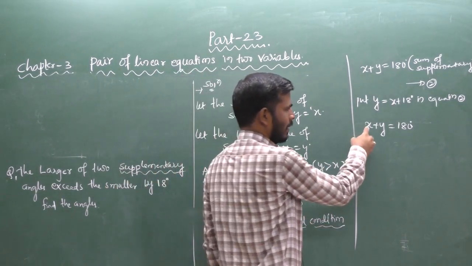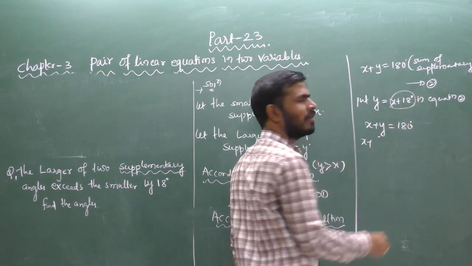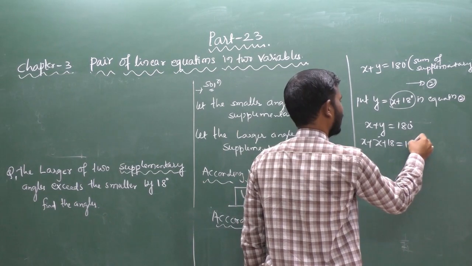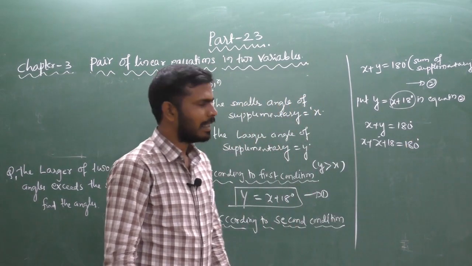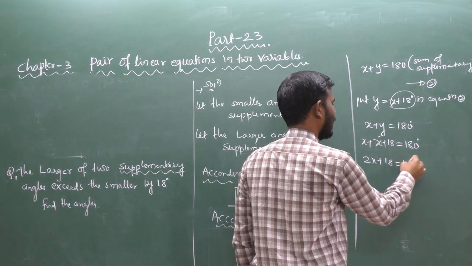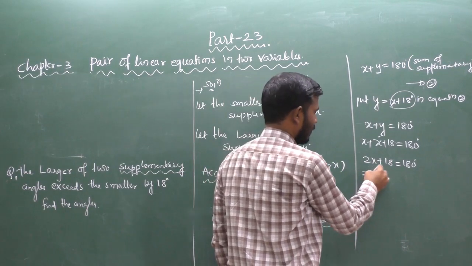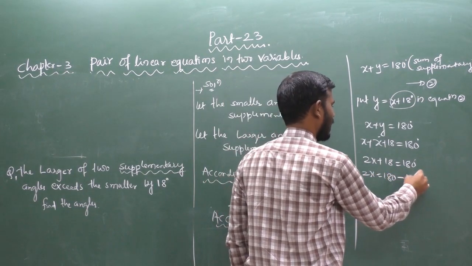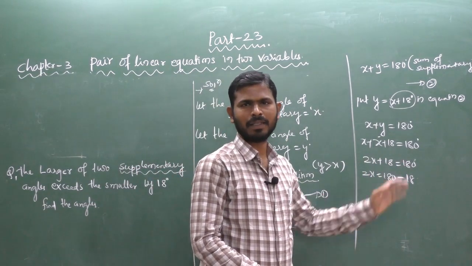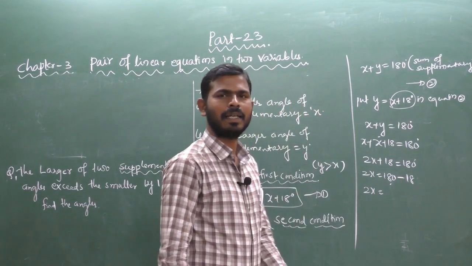So x stays as it is, and y is replaced by x plus 18: x plus x plus 18 equals 180. That is 2x plus 18 equals 180 degrees. Keep it as it is. Next, 2x equals 180 minus 18.